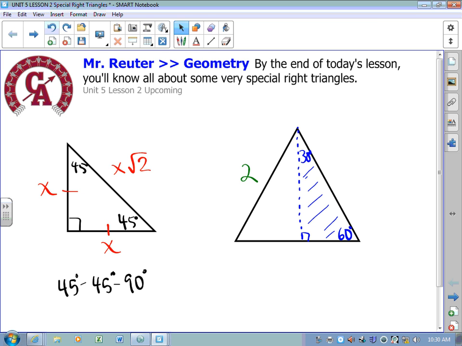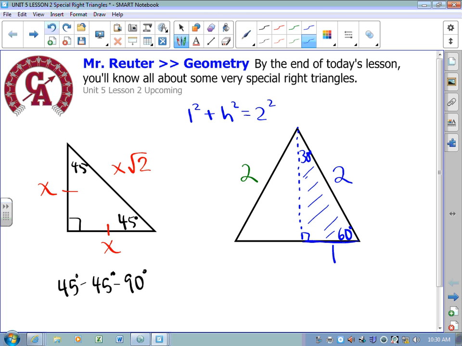If all the sides are 2, then this is 2, but this guy along the bottom, he's only 1. And what does that mean for the altitude? Well, 1 squared plus altitude squared is 2 squared. And so h squared happens to be 3, which makes this the square root of 3.